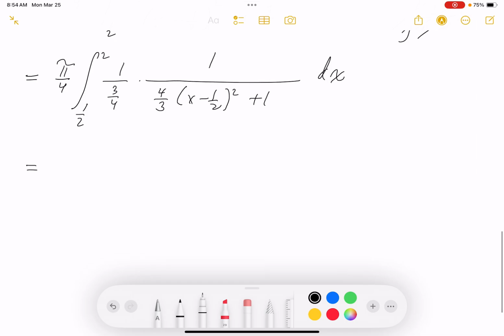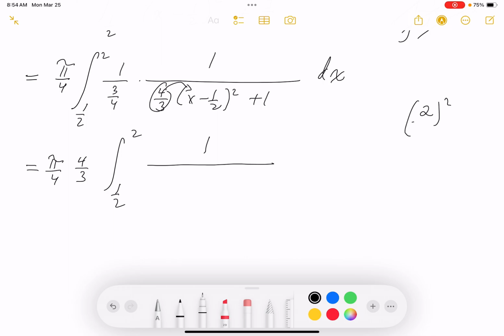So what I'm going to do now is pull a constant out, and that's going to be pi over 4. And 1 over 3/4 is 4/3. Integral from 1/2 to 2. And then over here, I'm getting 1, and I need to bring this on the inside. It's going to be 2, because I'm going to square it, and then root 3. Let's put that on the inside.